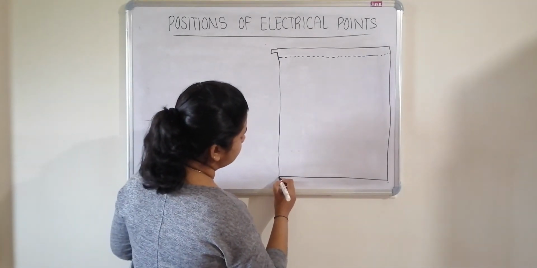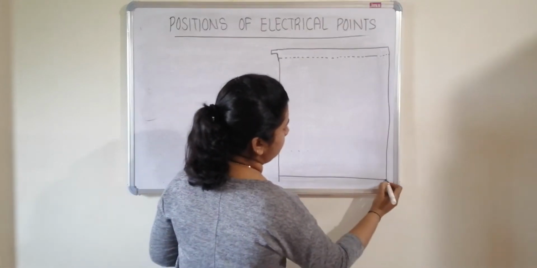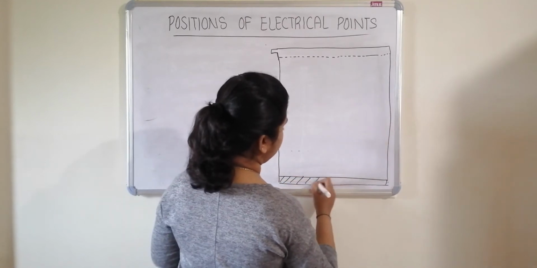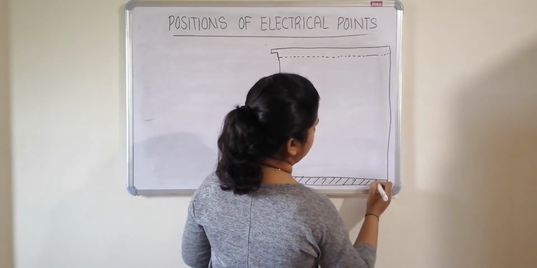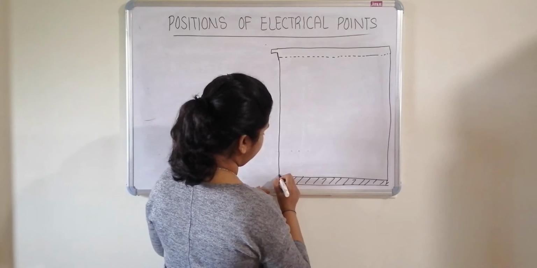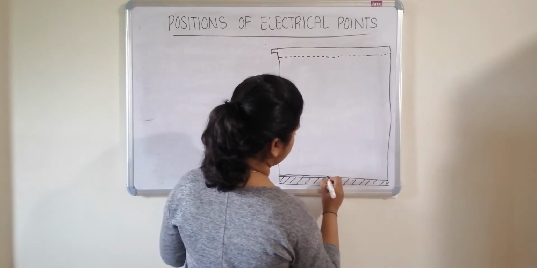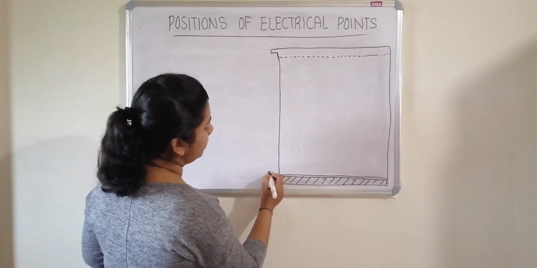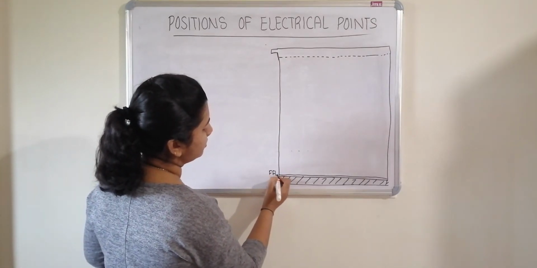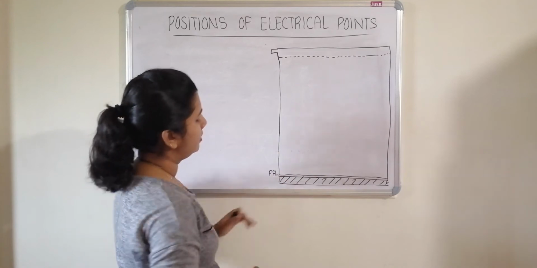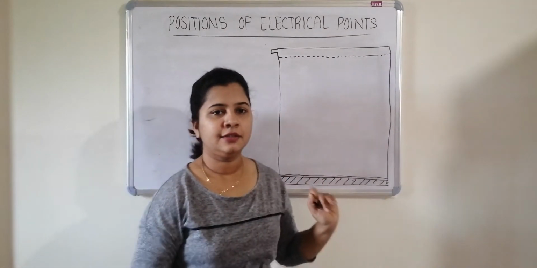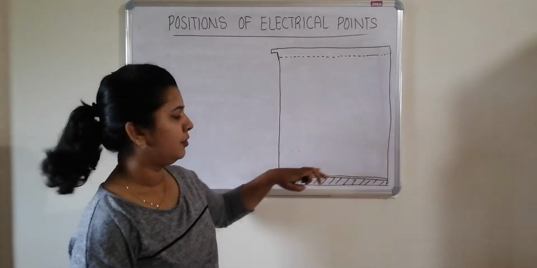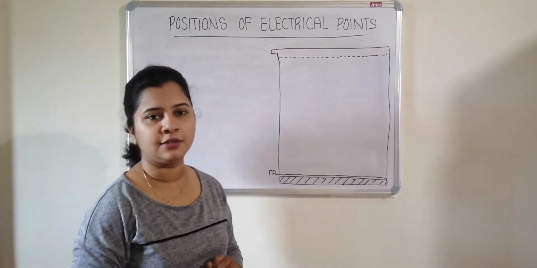Now suppose this is your plinth. Above this there will be tiling. The level above the tiling is called the finished floor level. Whatever height I am going to tell you will be from this finished floor level.